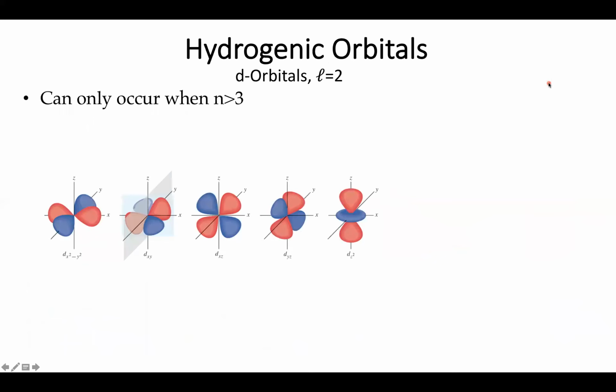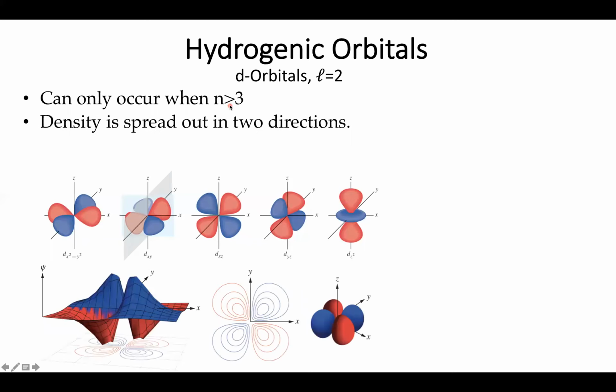Now let's go ahead and take a look at L equals 2. This generates what we call a d orbital. And similarly, this can only occur when n is greater than or equal to 3. So the first set of d orbitals is going to be our 3d orbitals. In this case, density is going to be spread out in 2 directions. So we often point these along in between our various axes.